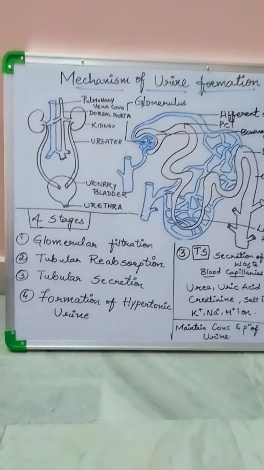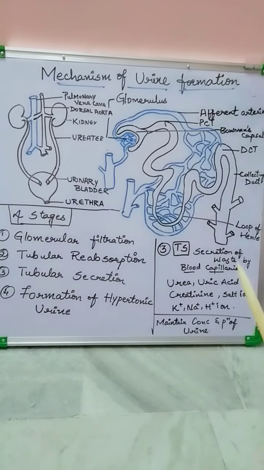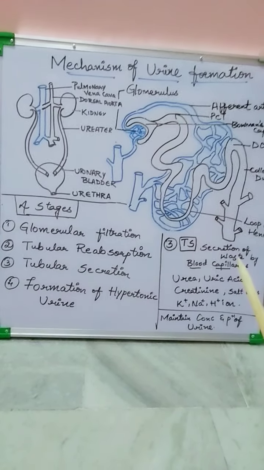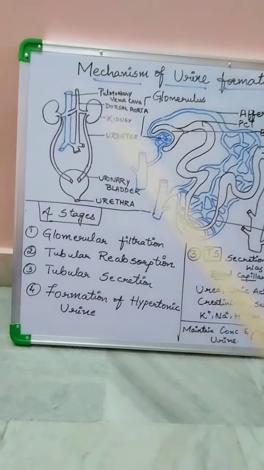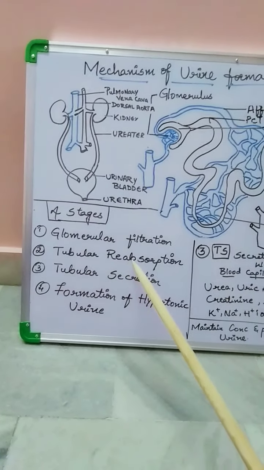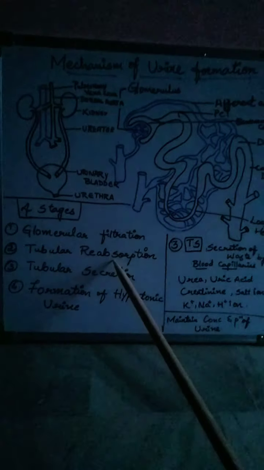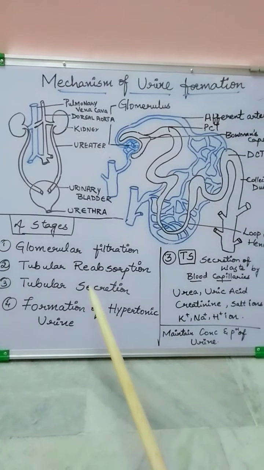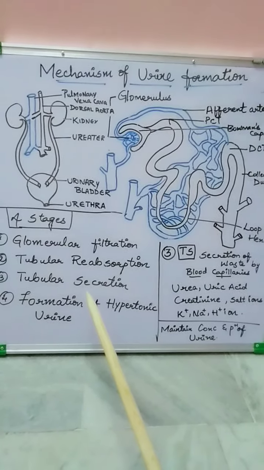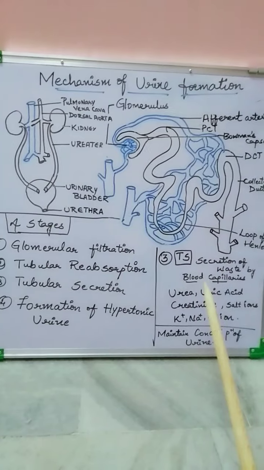So next step is the tubular secretion. What happens over here is the secretion of the waste products takes place by the blood capillaries. In tubular reabsorption, absorption of the essential components takes place, and in tubular secretion, secretion of the waste takes place through the blood capillaries itself.